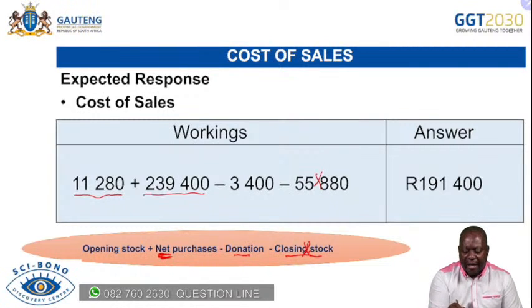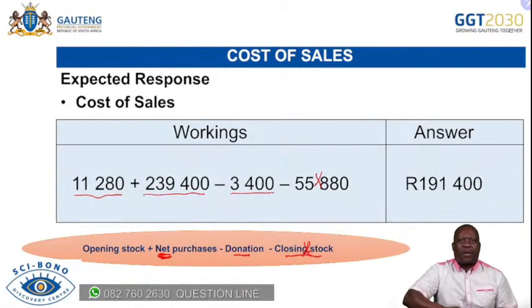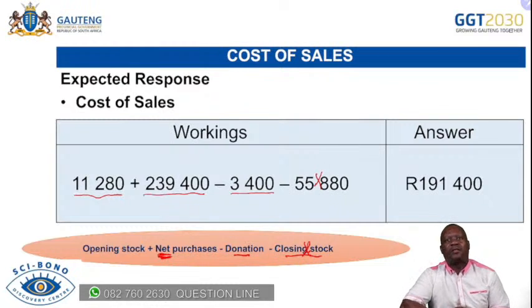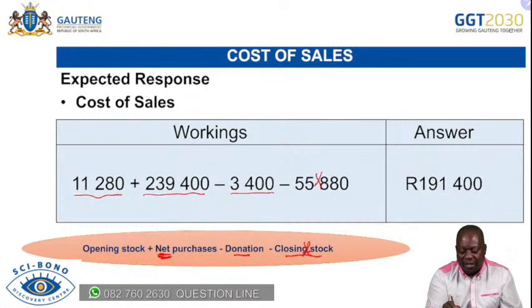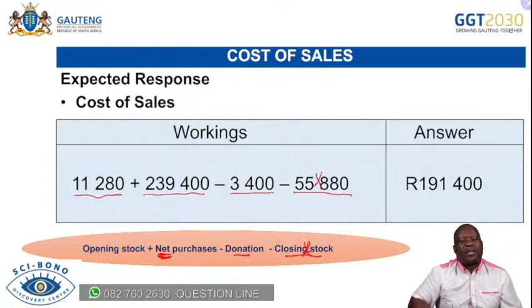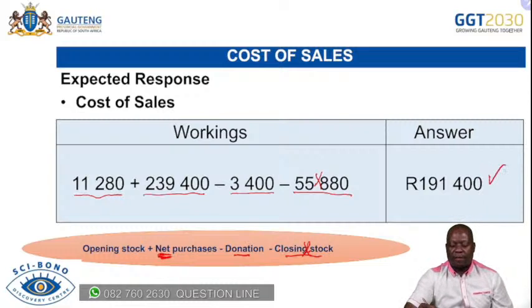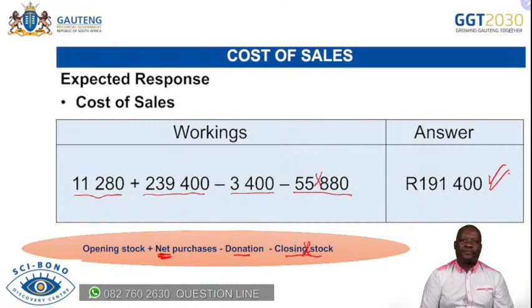And then minus donations, 3,400 donated. Remember those 40 bags that have been donated to the local school, one of which is the one that was donated to you by the school anyway. And then we subtract our closing stock, and that gives us our cost of sales.